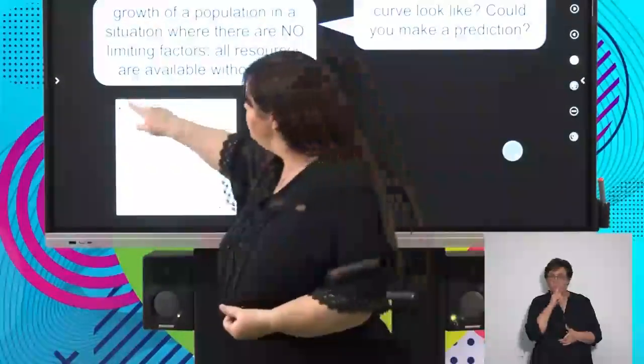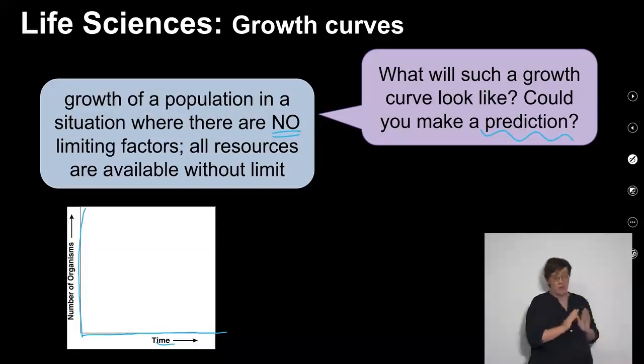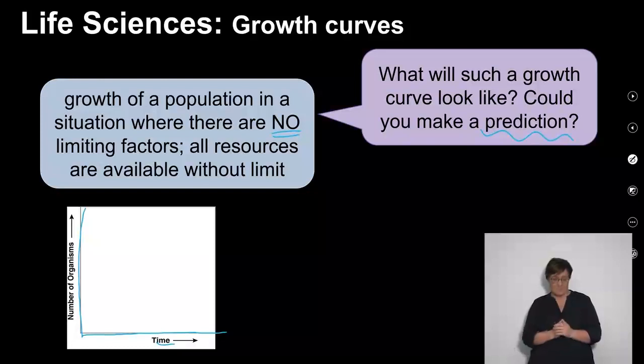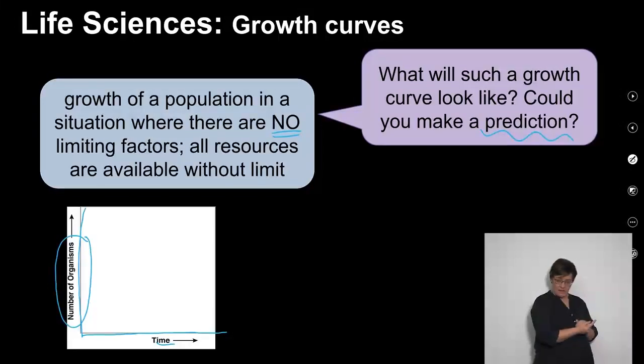So you scribble quickly onto your piece of paper that you've got a graph with the number of our organisms on the y-axis and time as our independent variable on the x-axis. So think about it. What is going to happen to the number of organisms over time if there are no limiting factors?